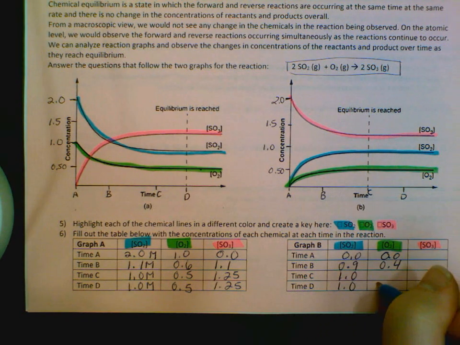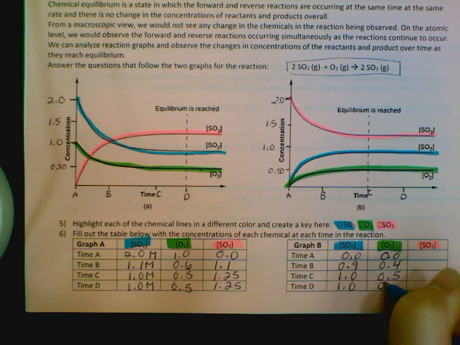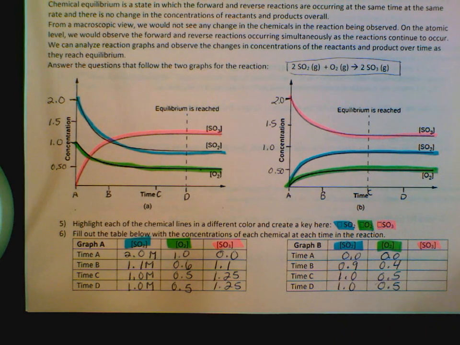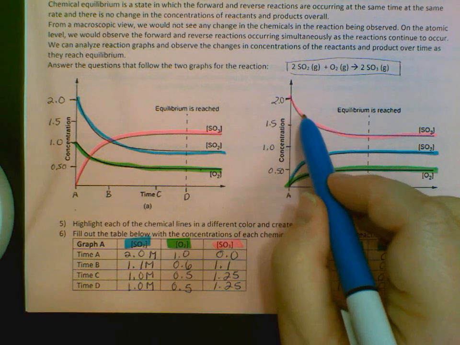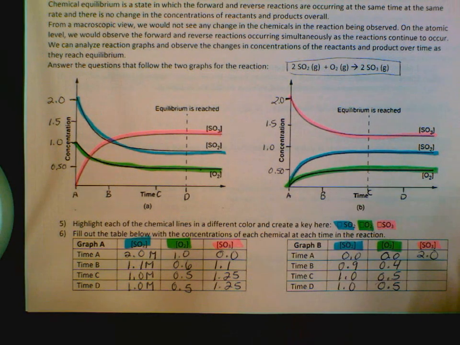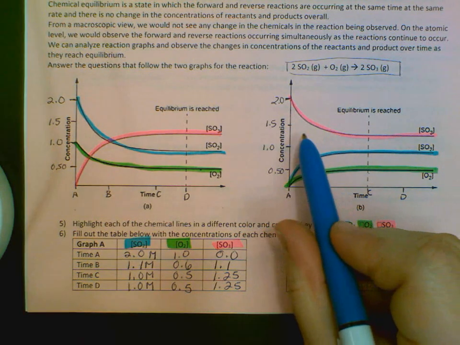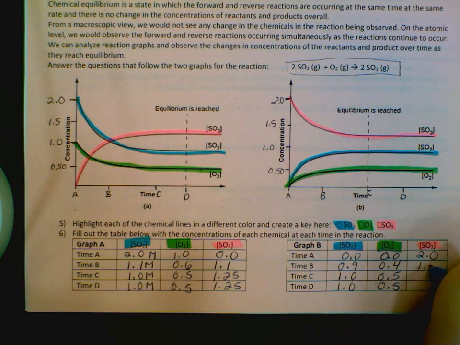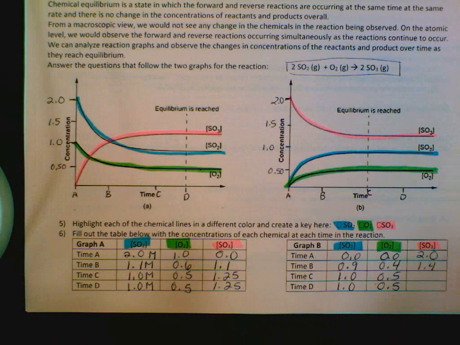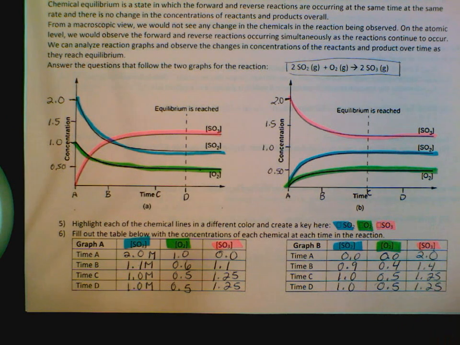And then to that 0.5 mark for the rest. And then SO3 starting at 2, dropping down to about 1.4, and then dropping in between, like 1.25, looks like.